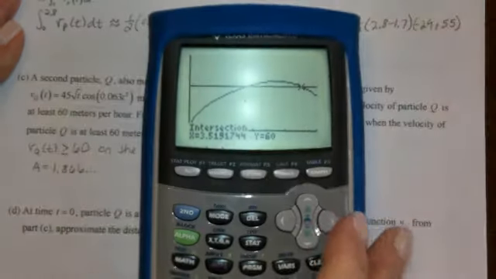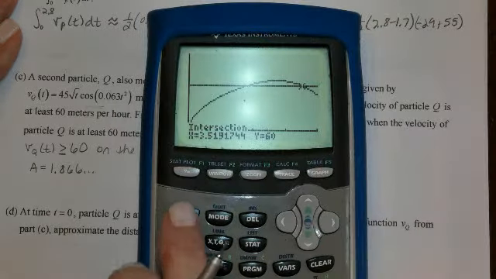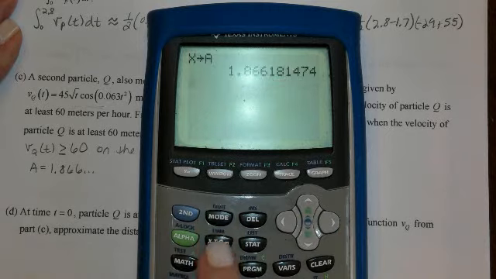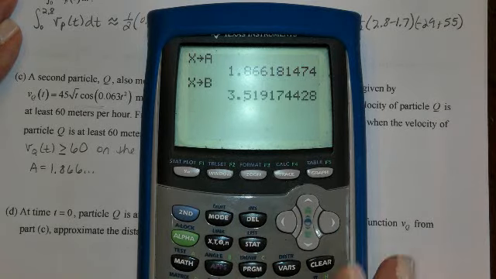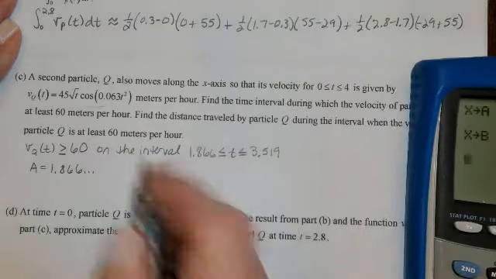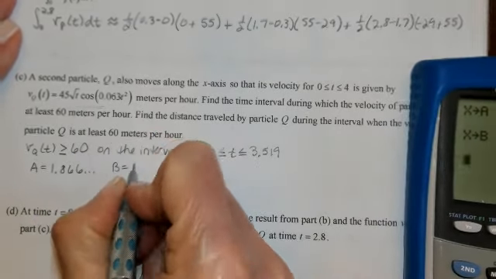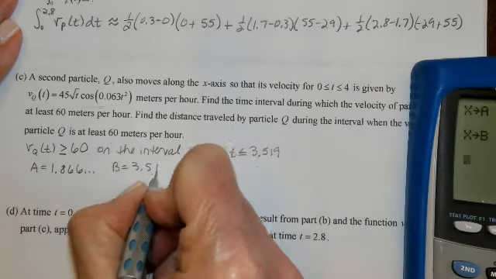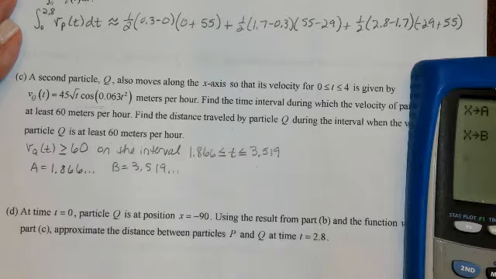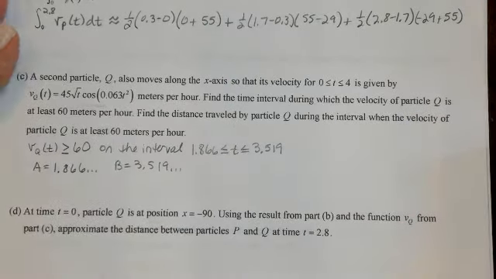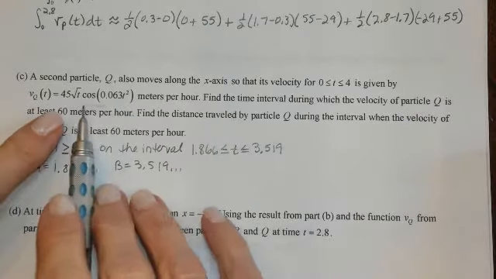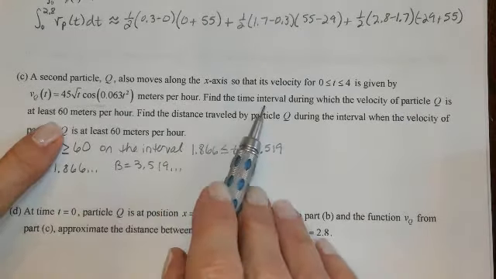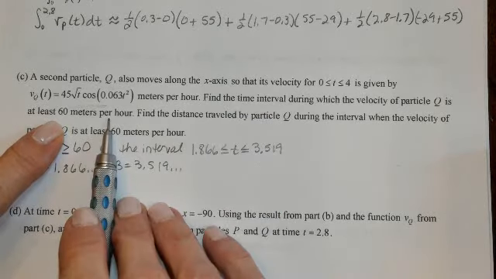And I'm going to store that in for B. So that x value I'm storing in for B. Okay, and I'll say that B is equal to 3.519. Okay, so I've answered their first question of find the time interval when the velocity is at least 60.